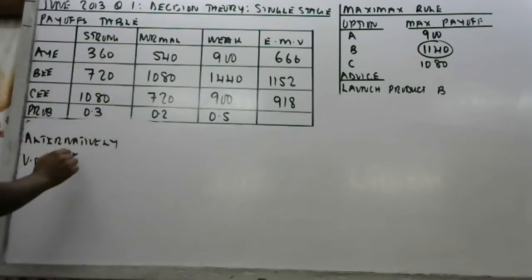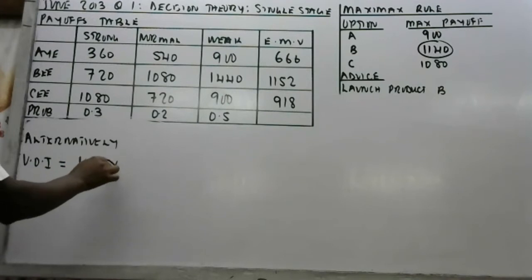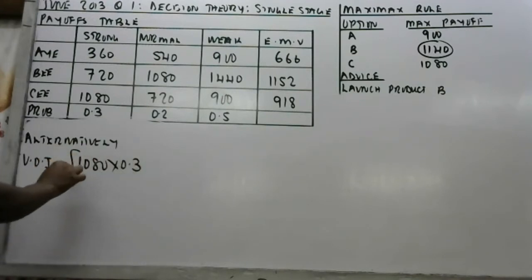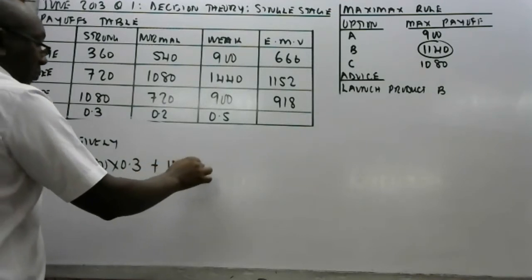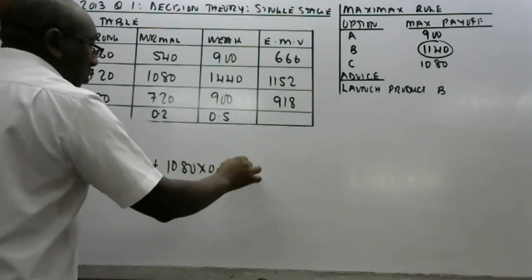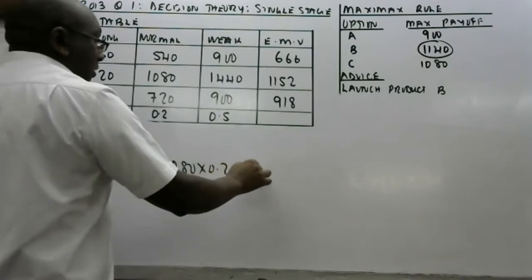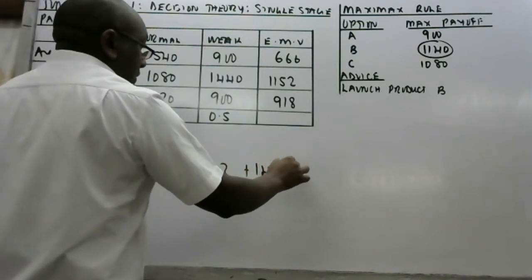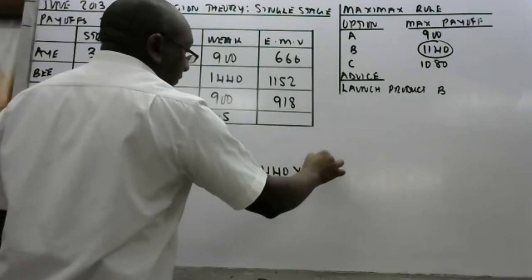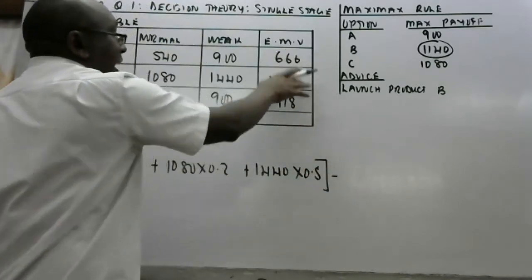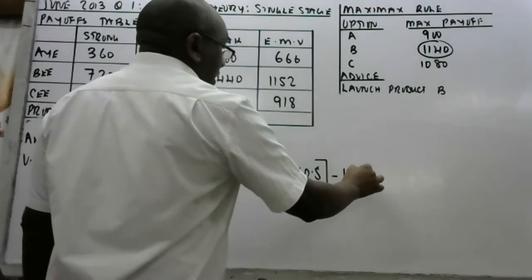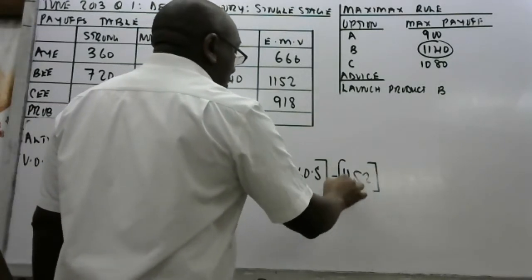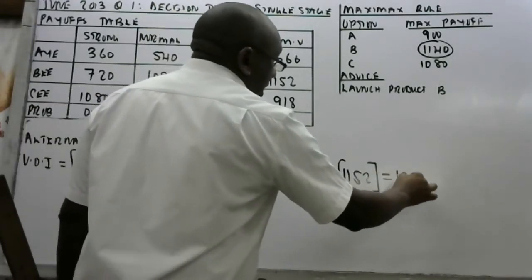So the highest here is 1080 multiplied by 0.3, plus the highest here is also 1080 multiplied by 0.2, plus here the highest is 1440 multiplied by 0.5. Then you minus the highest EMV, and when you do that, the answer should be 108.